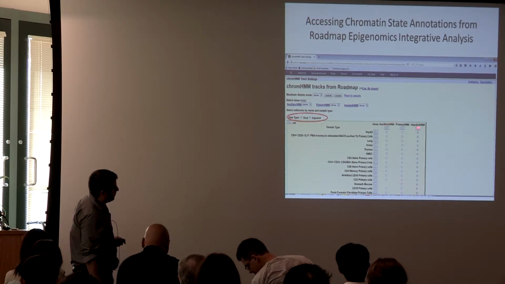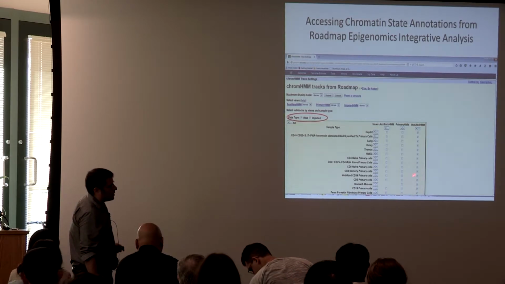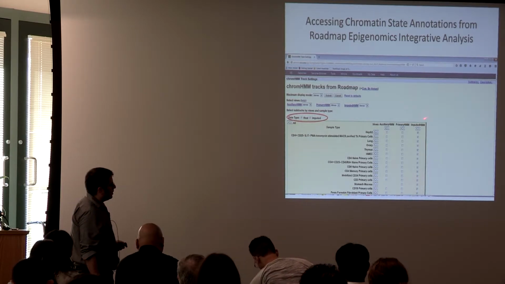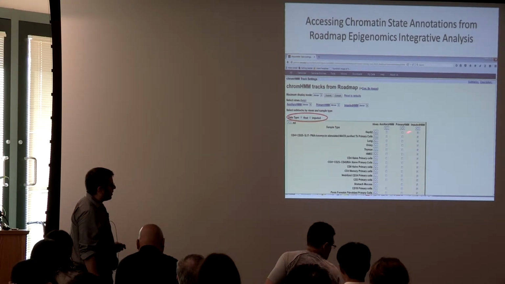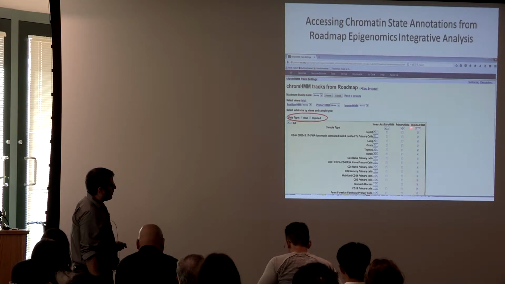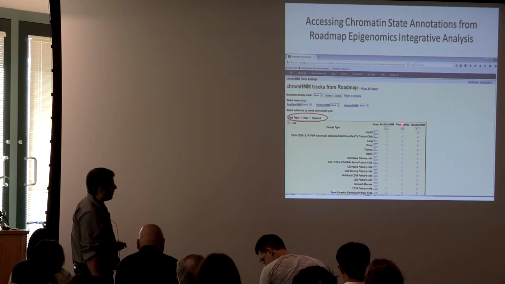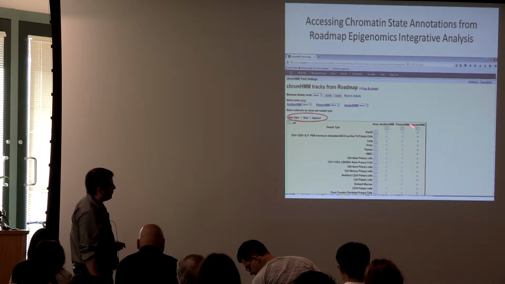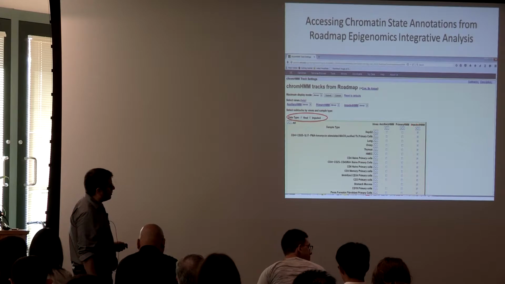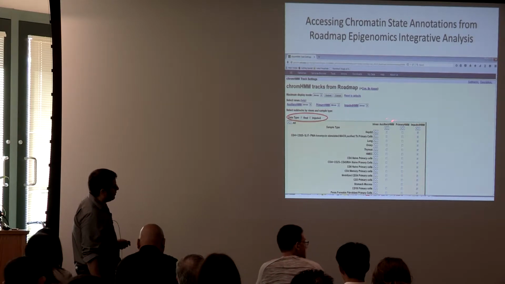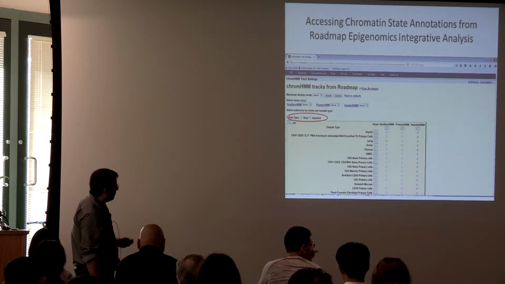What I've done is click the plus here, so what I'm getting is the imputed chromatin state model across all the cell types for which it's defined. If we were interested in the primary model based on observed data, we would check the plus here, and if we wanted the auxiliary, we would check those, and then you would probably want to look at only one of these models at a time and uncheck the others.